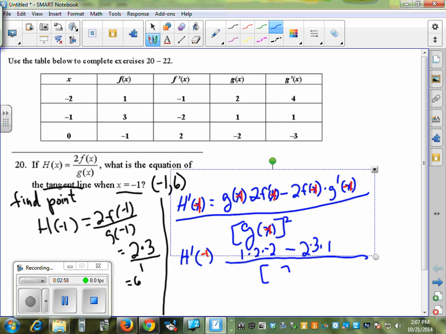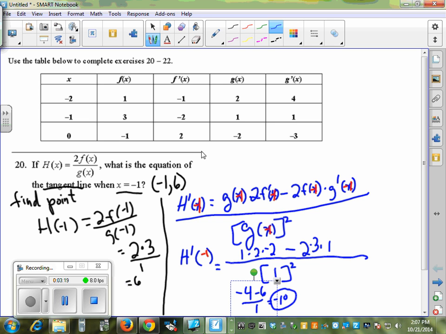Over the value of g when x is -1, that's also 1 squared. So using our order of operations, that would be -4 minus 6 over 1, and that makes -10. That'll be the slope of our tangent line.